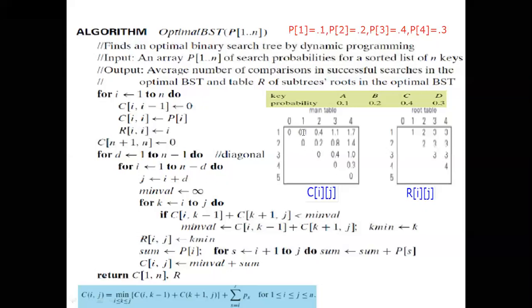Next we solved the second diagonal. After executing these 4 lines in the for loop, the first diagonal plus the second diagonal is going to be filled. Some of the values I will show you. Now, first I will explain why this for loop is executing from I equal to 1 to N.